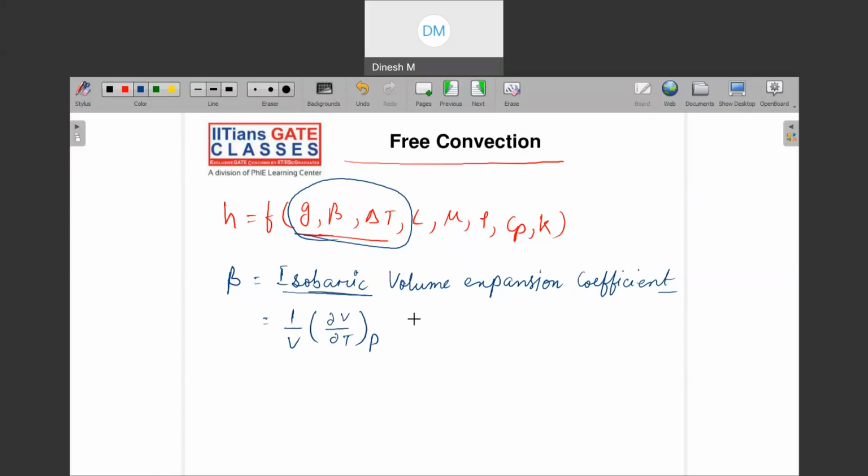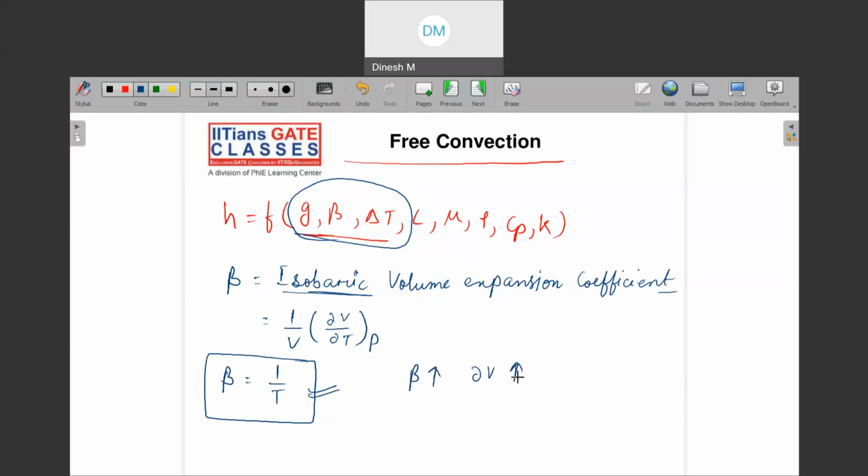Its unit is per Kelvin. For ideal gases, beta is equal to 1 upon T. If your beta value is higher, then your delta V is also higher. So this is one fact.